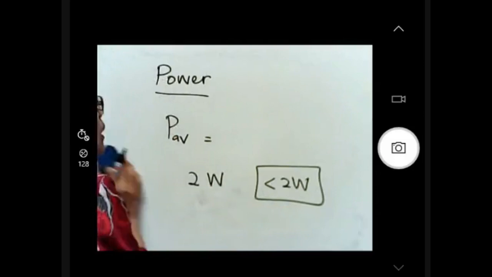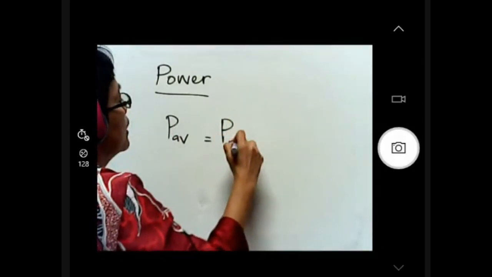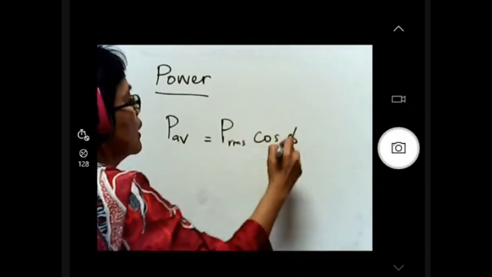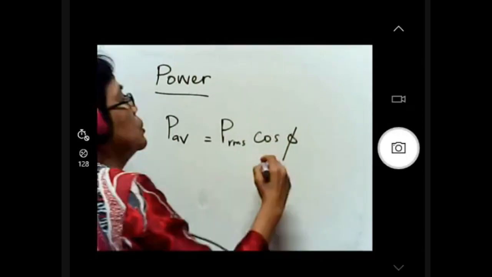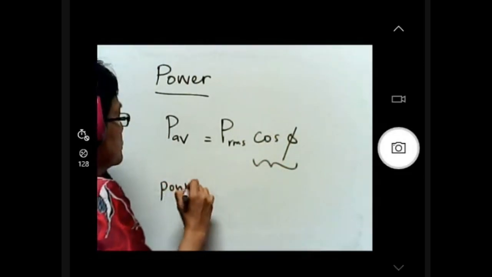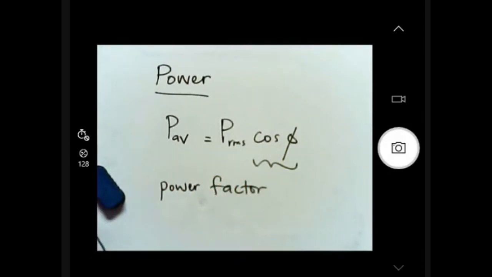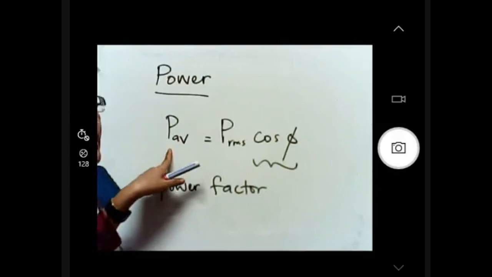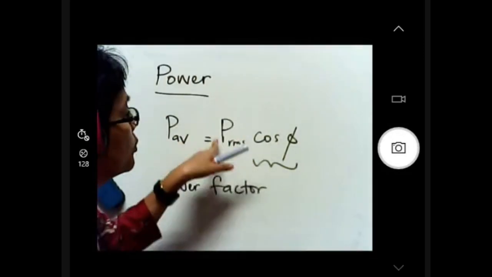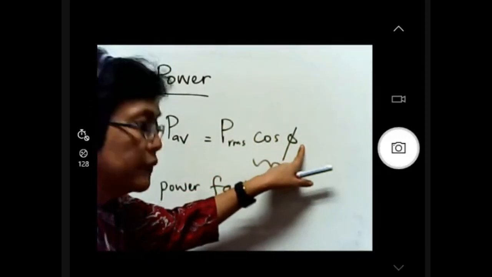So why? The value that we get is PRMS, but reduced by a factor of cos phi. So this we call the power factor. Meaning the actual value that we receive from the circuit is the root mean square power multiplied by a factor of cos phi.